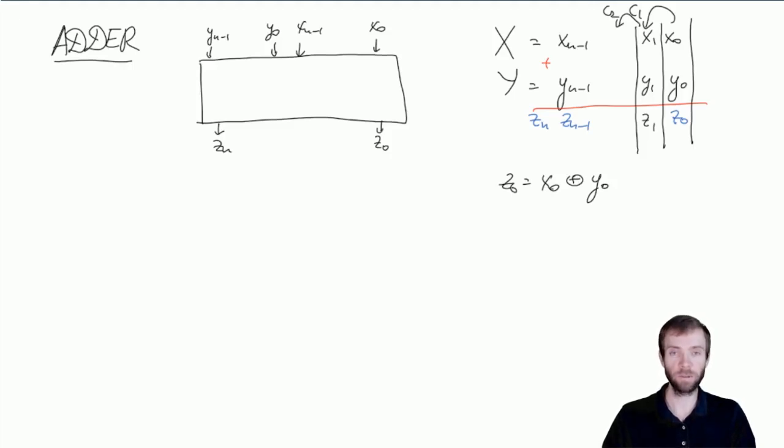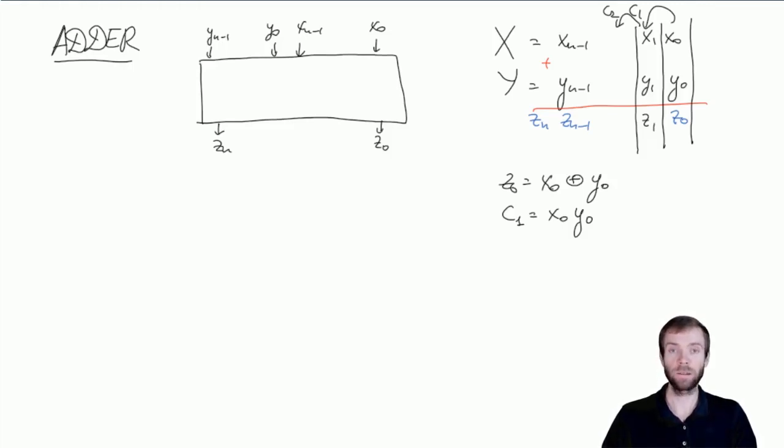If they are 0, 1 or 1, 0, then z0 is 1. But if they are both 1s, then we'll have a carry, but the resulting bit here will be 0. So the carry bit c1, which goes into the next column, is equal to 1 only if x0 and y0 are both 1s. So it's actually the conjunction of these two, x0 and y0.